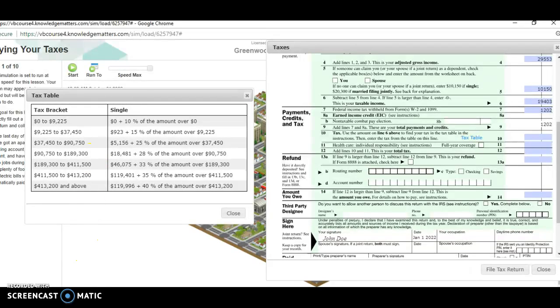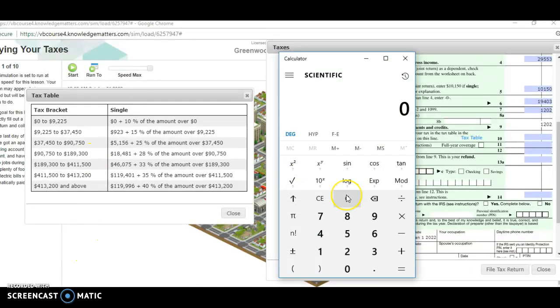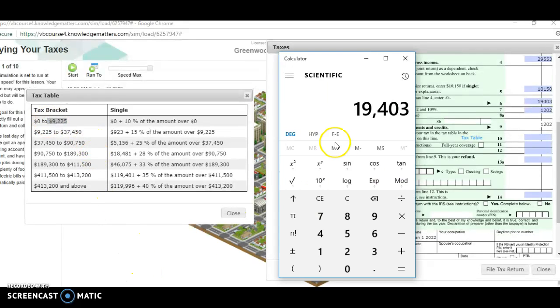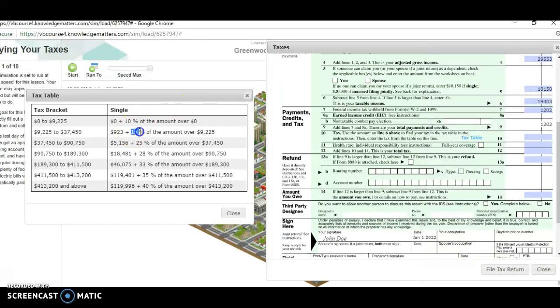So what we need to do is pull up our calculator, and we need to take our line 6, 19,403, and we need to subtract out the first tax bracket, 9,225. And that is equal to $10,178. That is the amount that's going to be taxed at 15%.